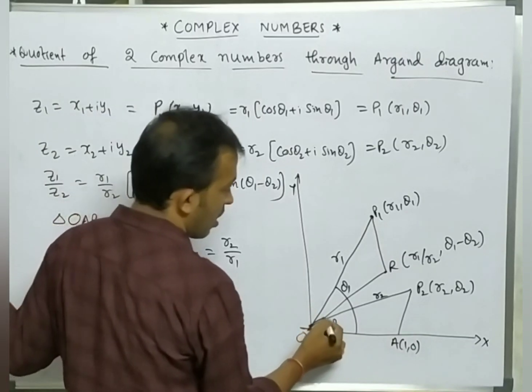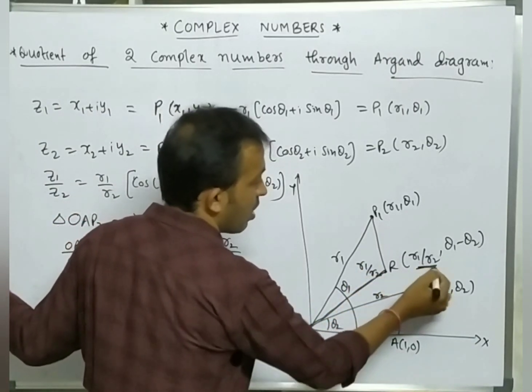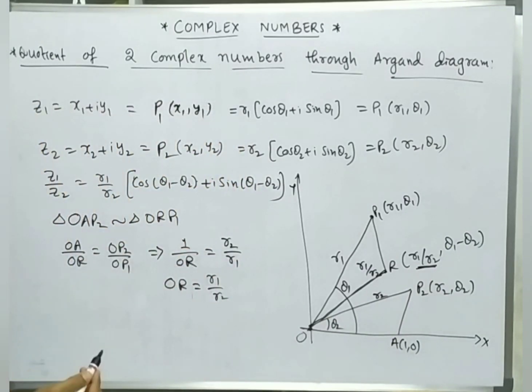So the first coordinate is the modulus and the second coordinate is the argument.